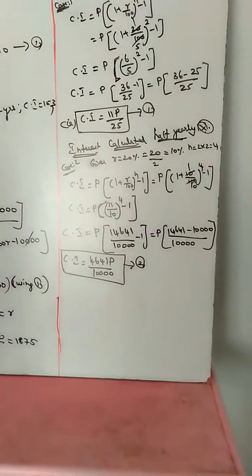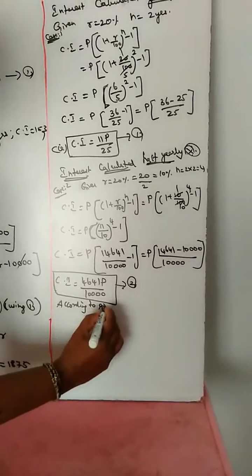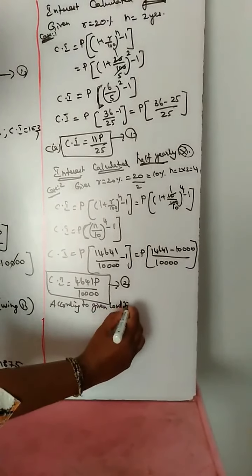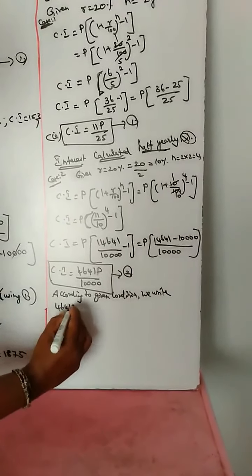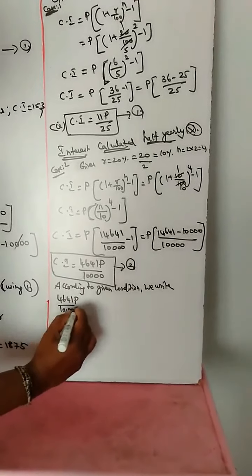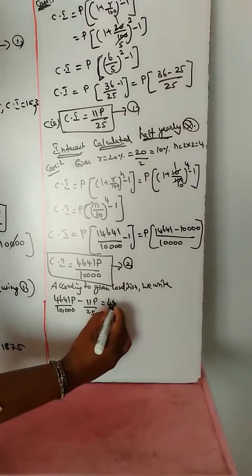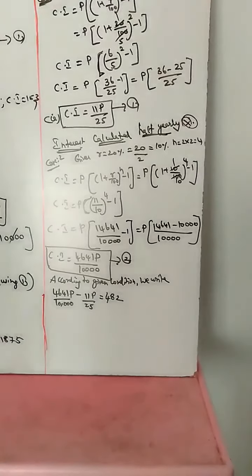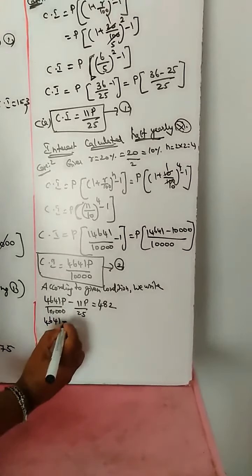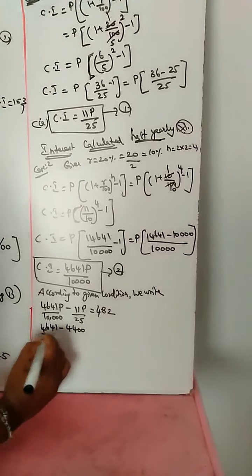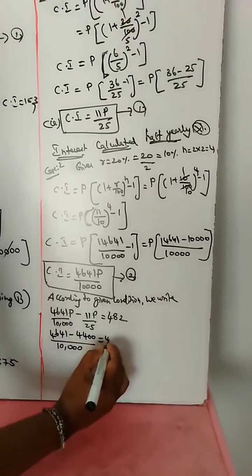Okay, next according to given condition, we write 4641P by 10,000 minus 11P by 25 equal to 482, right? Next, after taking LCM, 4641 minus 4400 by 10,000 equal to 482.